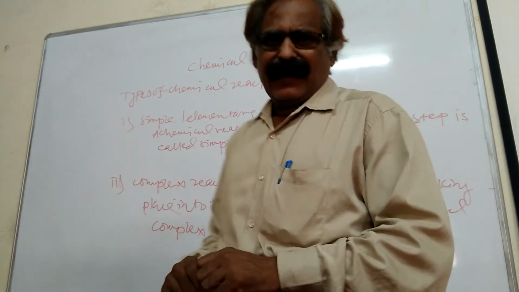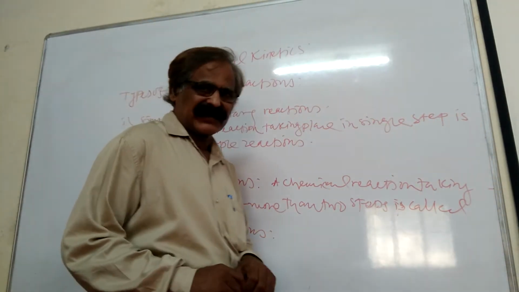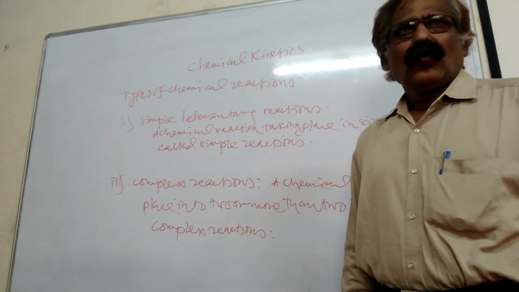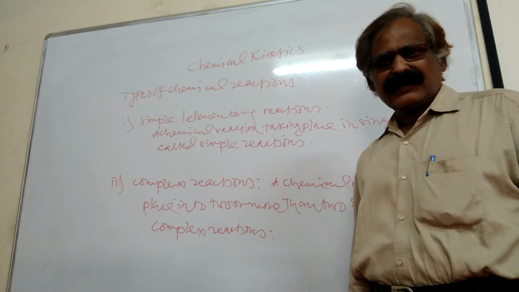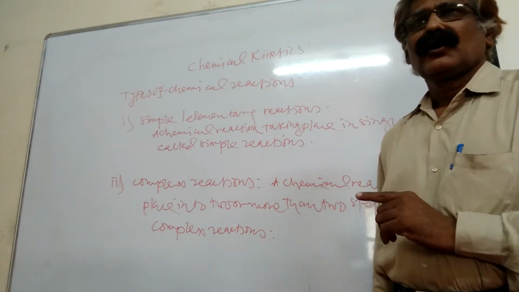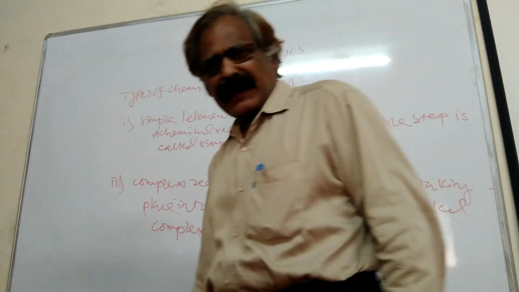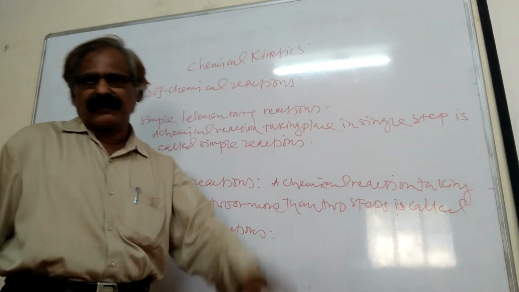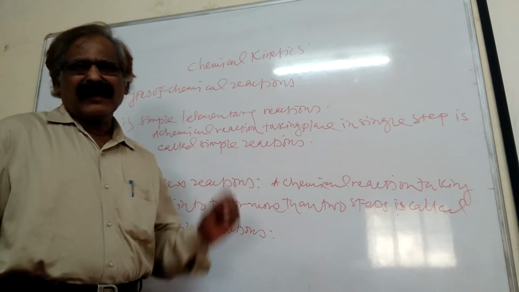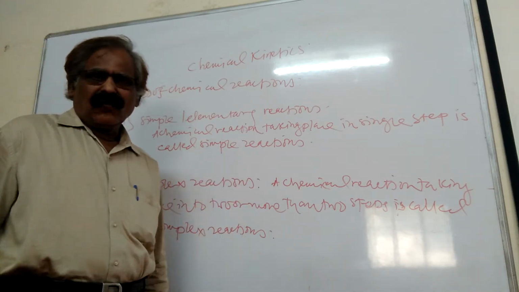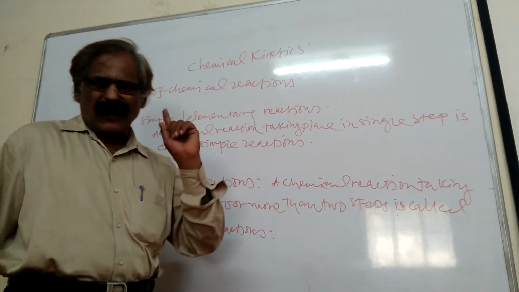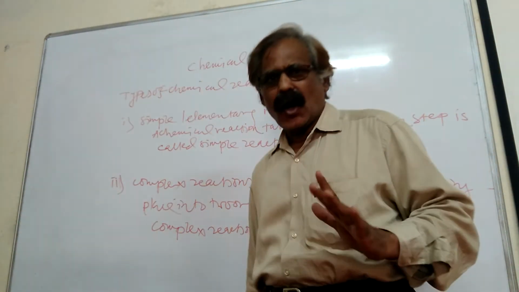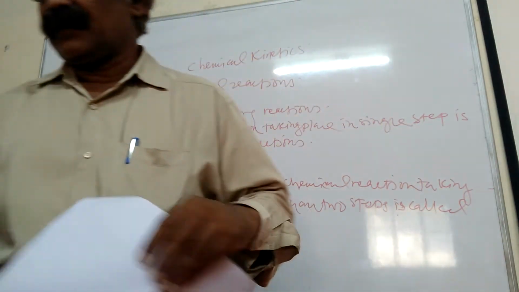So, the elementary reactions or simple reactions are those chemical reactions which occur in a single step, which take place in one step only. So, a chemical reaction which occurs in one step is known as simple reaction or elementary reaction.